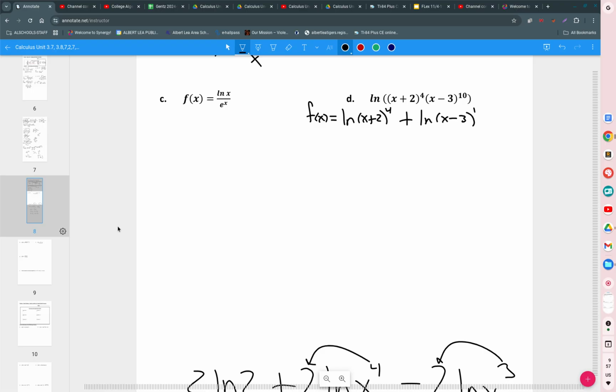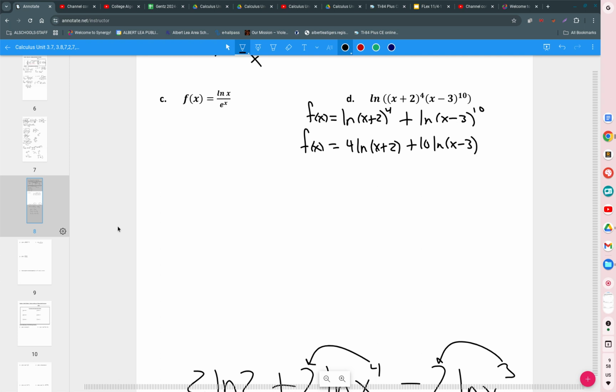X minus 3 to 10, good. You may want to guess what we do next. 4 and the 10 out front. So f of x is equal to 4 natural log of x plus 2 plus 10 natural log of x minus 3. Isn't that a lot better?